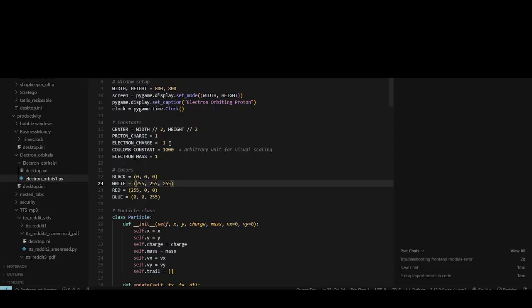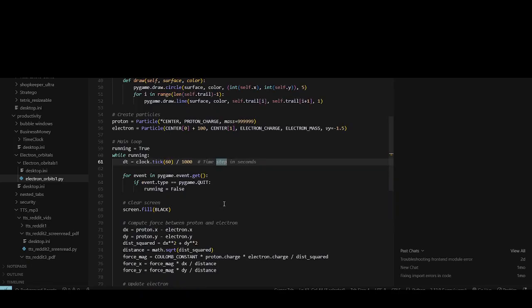Okay, so that's charge plus minus. Anything like frame rate? Nope. Step. Time, steps, and seconds. Okay. Let's adjust the time speed. How do we do that?